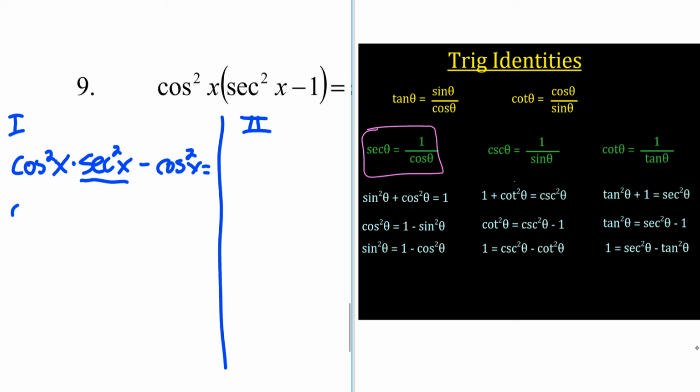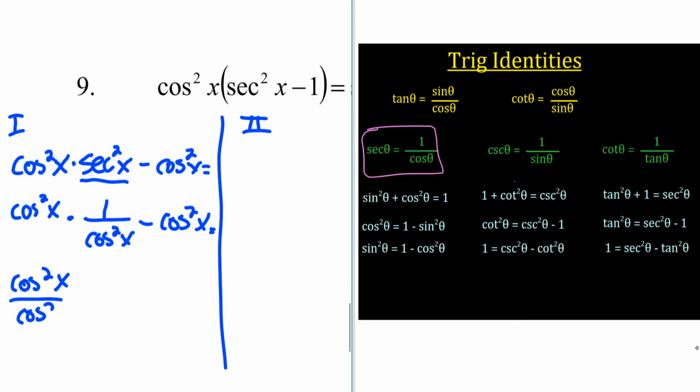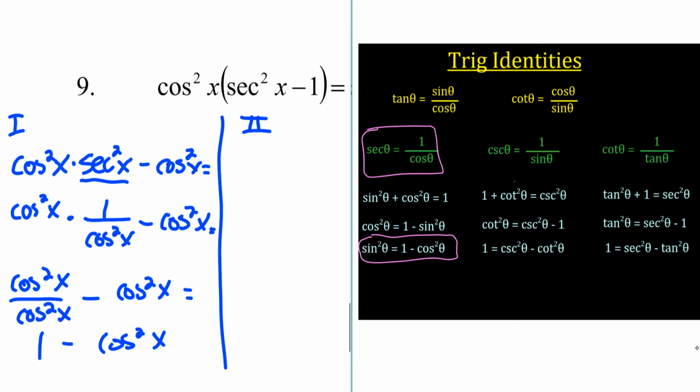So this cosine squared x stays the same, times secant is 1 over cosine, so this would be 1 over cosine squared x minus cosine squared x. And then we'll multiply these, so we get cosine squared x over cosine squared x minus cosine squared x. Well, cosine squared x over cosine squared x is just 1. So 1 minus cosine squared x. And I think we have that over here. That is sine squared x.